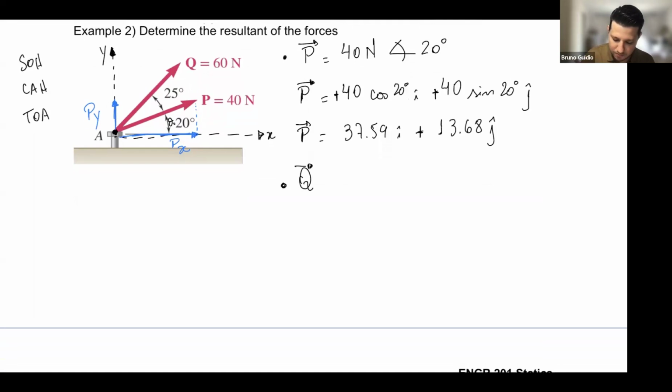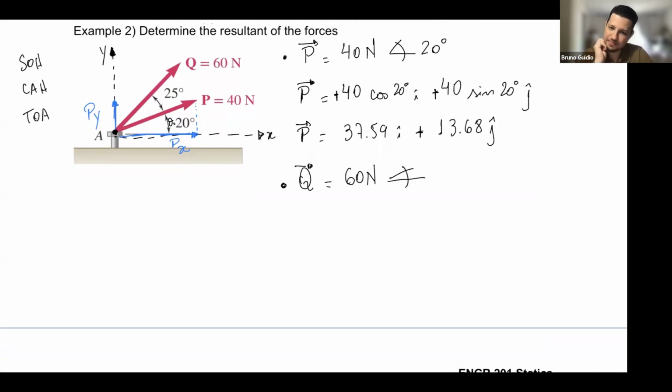Q vector. Now, what is the magnitude of this vector? 60 newtons. What is the direction of this vector, guys?